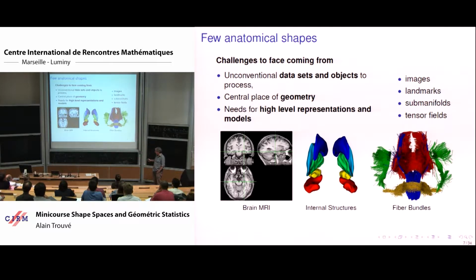So this looks like a functional space. Or you could segment a substructure and have a surface. You can have a bunch of surfaces, which are internal structures in the brain here. That could be a shape, and you could have something more.